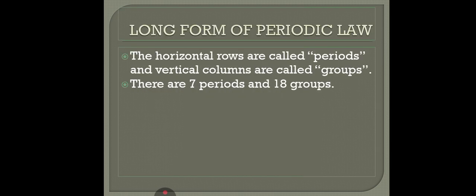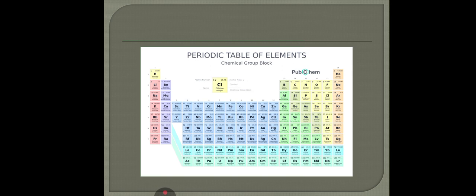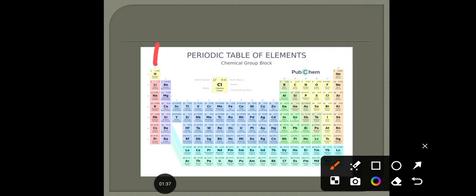So now this periodic table is also called the long form of periodic law. The periodic table is grouped into vertical columns, as you can observe. If you count, starting from here, 1, 2, 3, 4, and so on, the last one is 18.